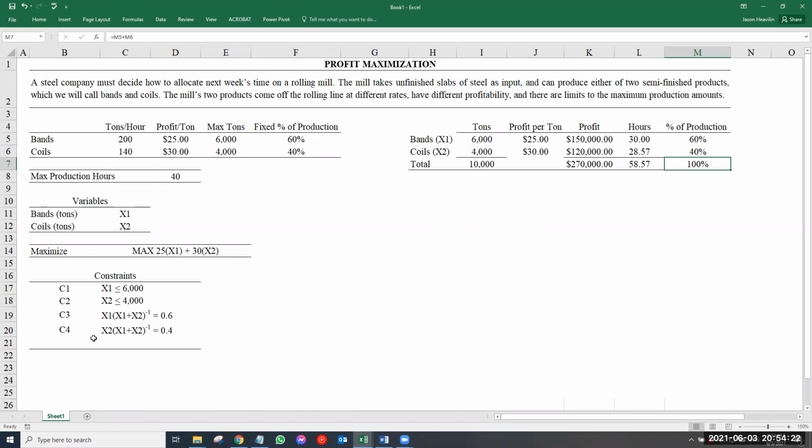All right. Now, last but not least, our hours issue. Remember that you can get the hours it takes you to produce this by working with the tons per hour. So if we're not doing linear programming, remember that we can do the 6,000 divided by the 200, and that'll give me the 30 hours, the same you see here.